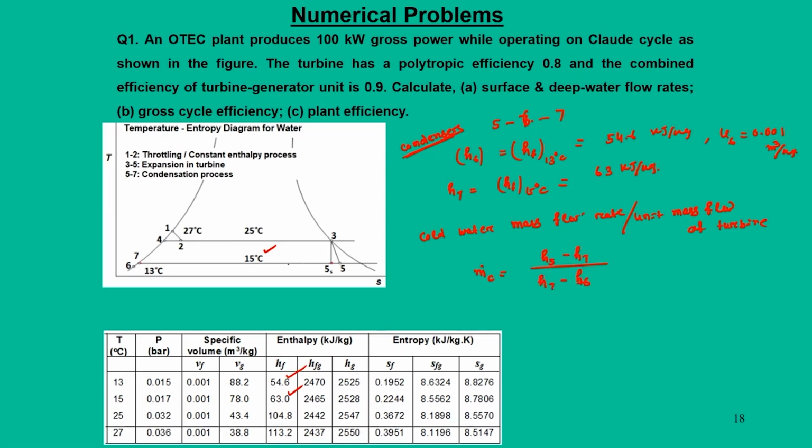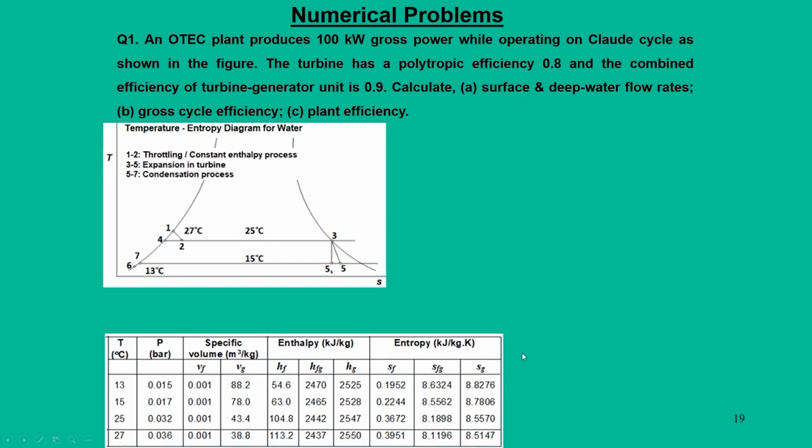So, this ratio is with respect to unit mass flow of turbine. So, this number is 2480.9 minus 63 divided by 63 minus 54.6. So, m dot c is a fixed number, that is 288.9. So, remember this number, we are going to use it further.